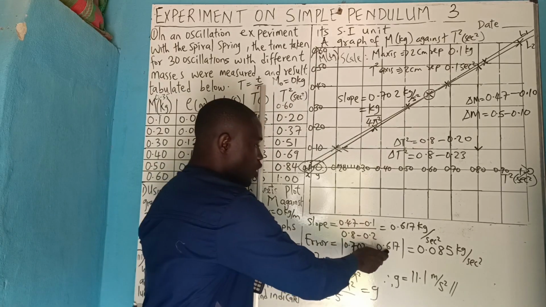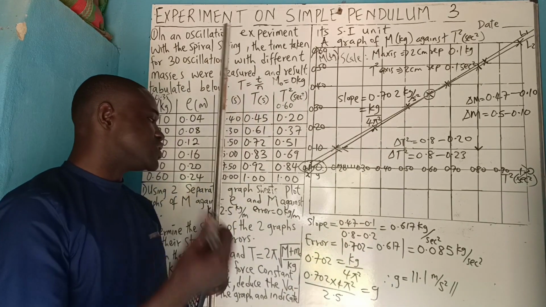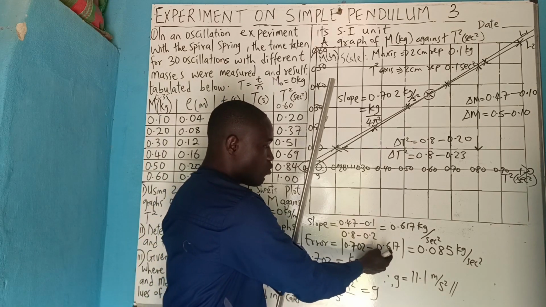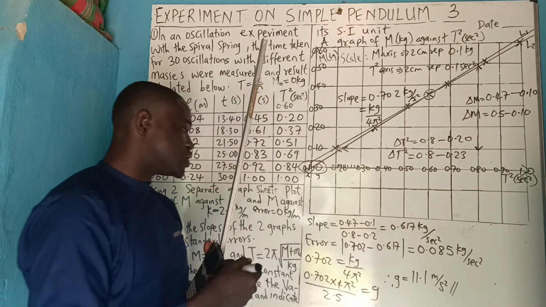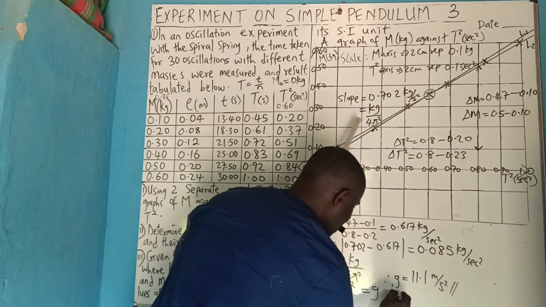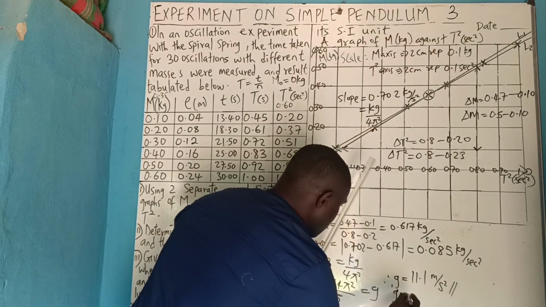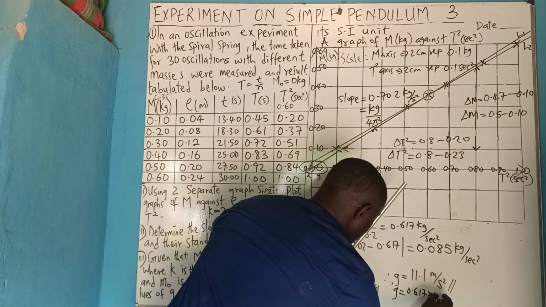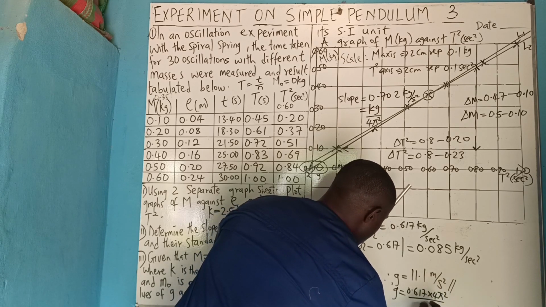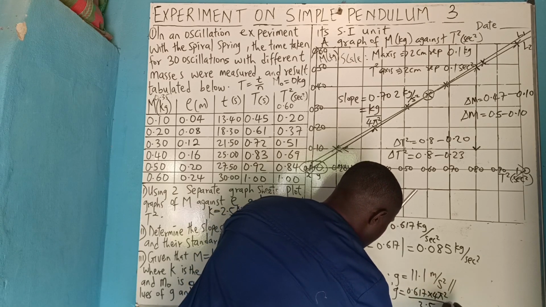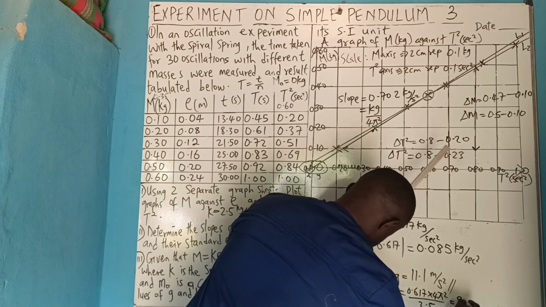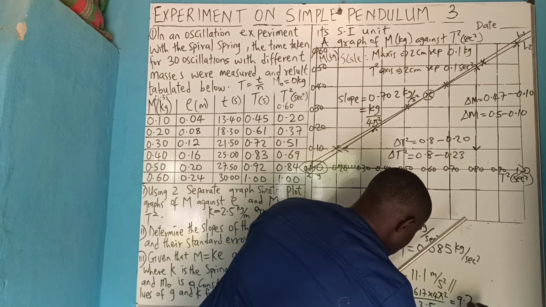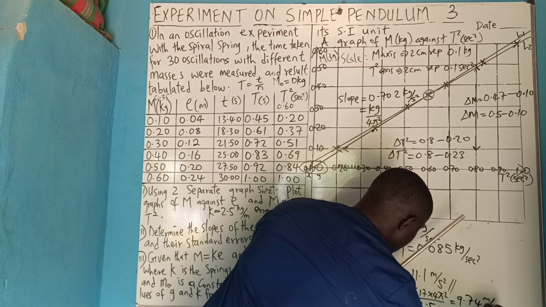The one of worst fit will be giving you that G. If you are using the slope of the worst fit, you'll be getting your G to be 0.617 times 4 pi square all over 2.5, which is 9.74 meter per second square.